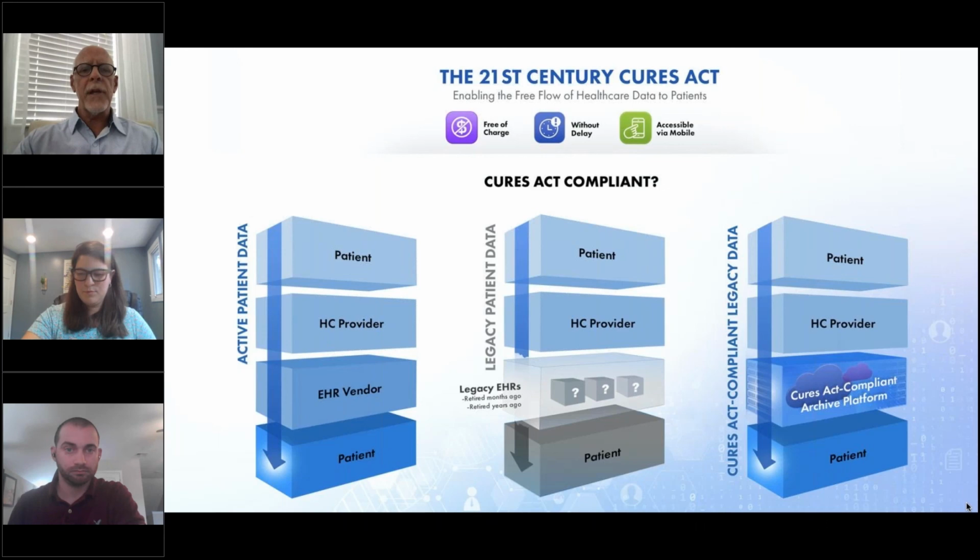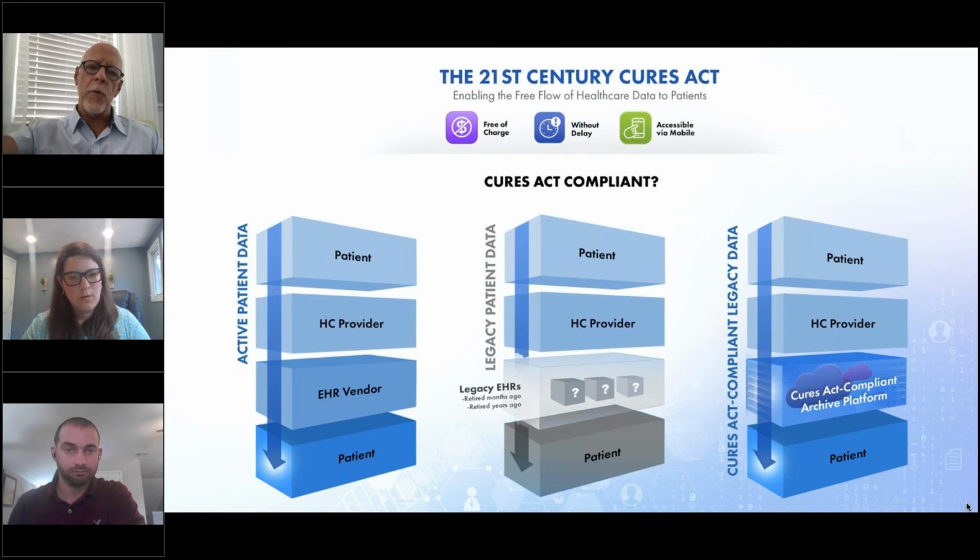Are you as a healthcare provider expecting your patients to go to eClinicalWorks for their ambulatory data and go to another platform for your acute care data or your outpatient data?